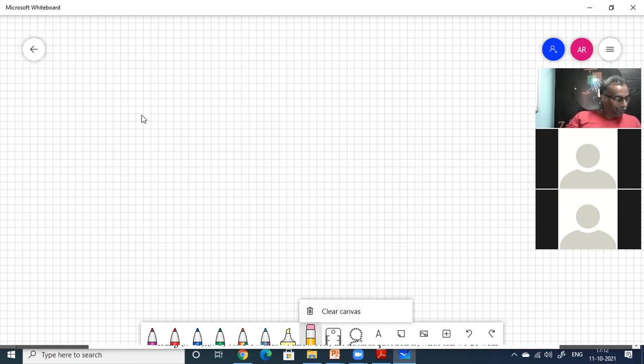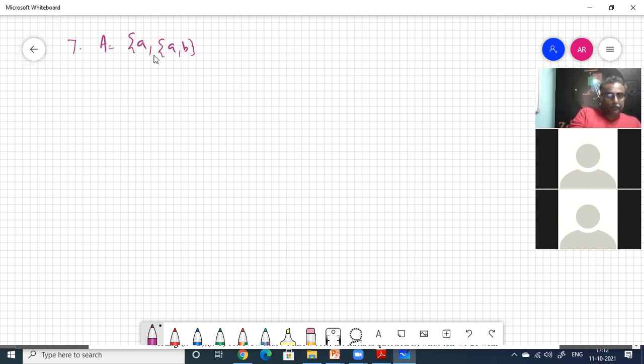Then 7th sum. Okay. Arpana can do it, and if she has problem, then Sandhya can help out. 7th sum. A is equal to the set A, comma, another set A comma B. Okay. Write down all the subsets of A. Not proper subsets.